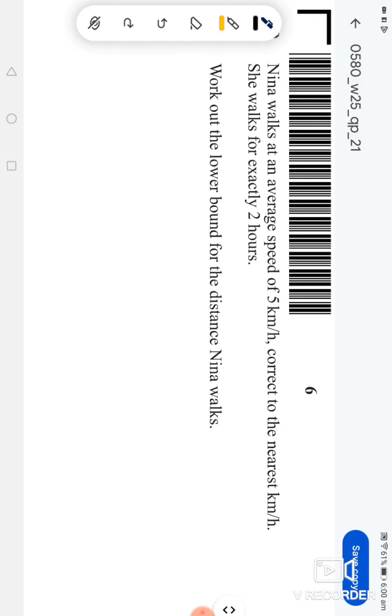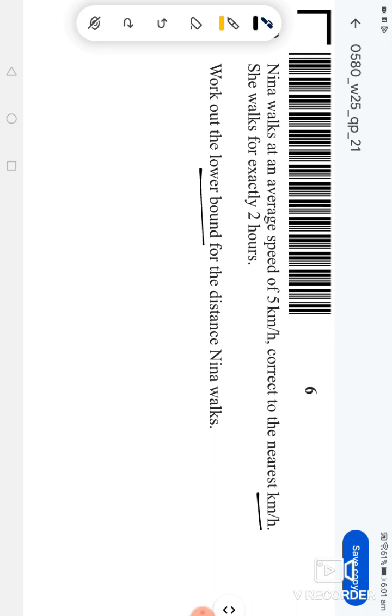Next question. Nina walks at an average speed of 5 km per hour, correct to the nearest kilometer per hour. She walks for exactly 2 hours. Work out the lower bound. Nearest kilometer, so 1 by 2, that means 0.5.